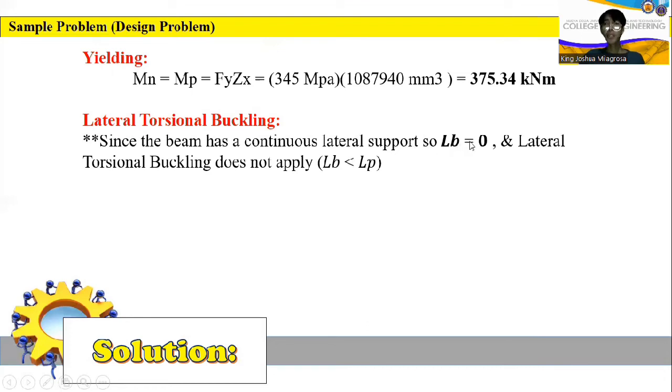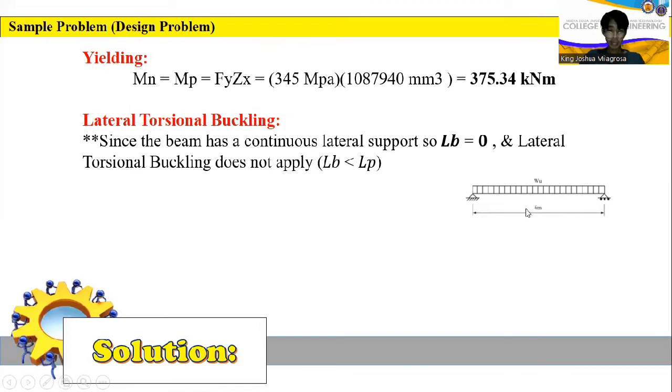So for our lateral torsional buckling naman, so sabi dito, since the beam has a continuous lateral support, so LB natin ngayon is equal to 0 and lateral torsional buckling does not apply or LB is less than LP. So kung nagtataka kayo bakit naging 0 yung LB natin, so from the beam kasi natin, yung entire length ng beam natin is assumed na fully laterally supported siya.